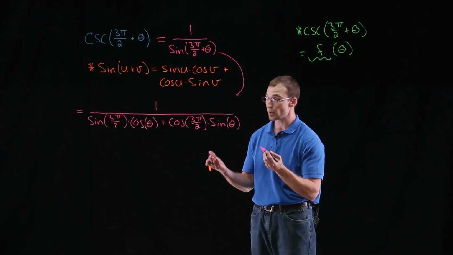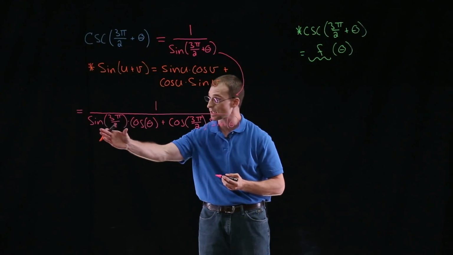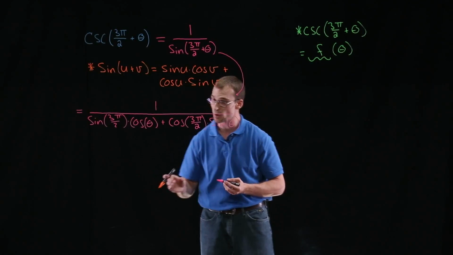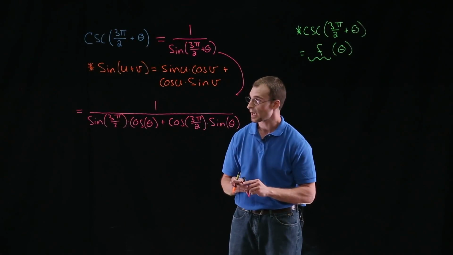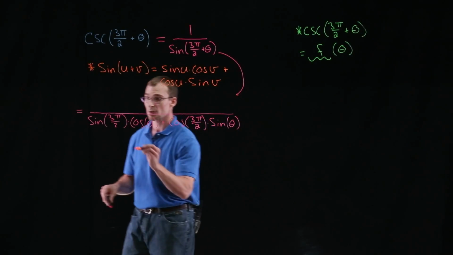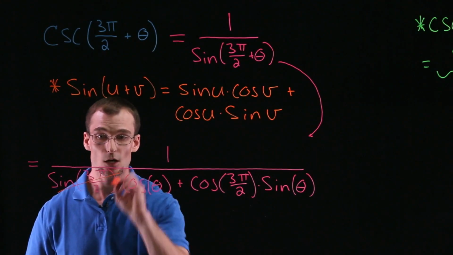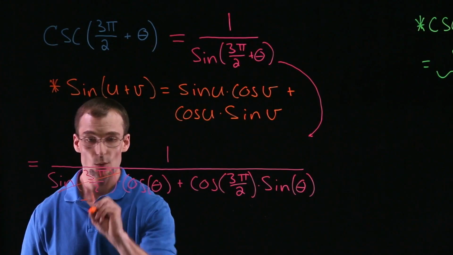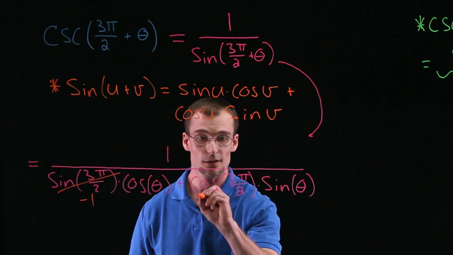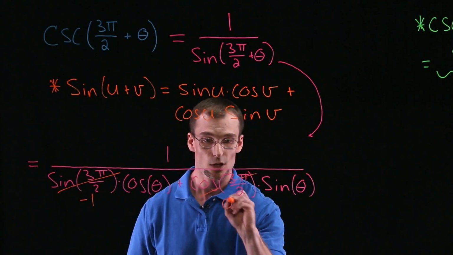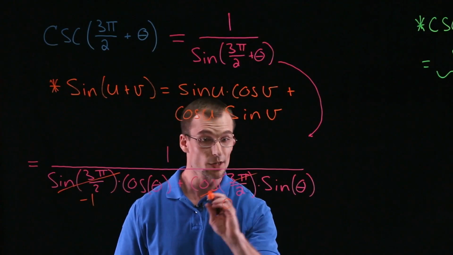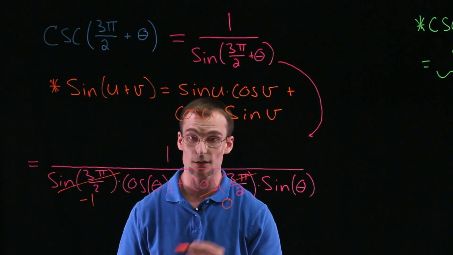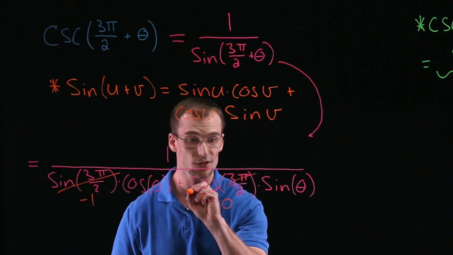Not quite sure yet, but we can at least see that we can simplify this a little bit. We have sine of 3 pi over 2 and cosine of 3 pi over 2. And what are those values? Sine of 3 pi over 2 we know is negative 1, and cosine of 3 pi over 2 we know is 0. So looking right here, we have 0 times sine of theta. Well, 0 times anything is equal to 0.